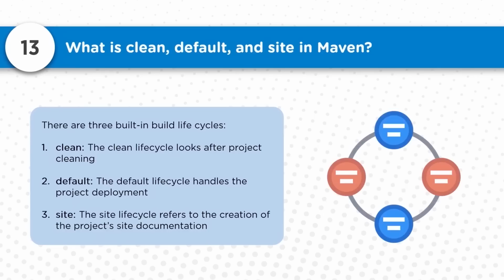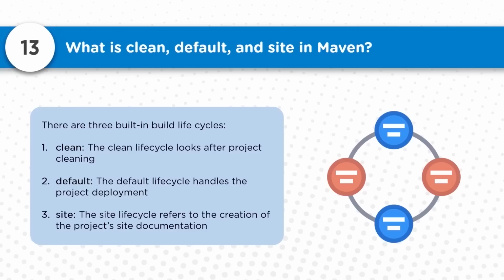Now, what exactly are the clean, default, and site built-in life cycles here? These are the built-in build life cycles available within Maven. For clean, this life cycle will help you to perform project cleaning. Usually during the build, there are some files which are created into the target directory. So the clean life cycle is essentially helping us to clean up that target directory.